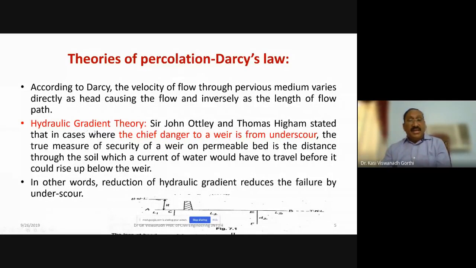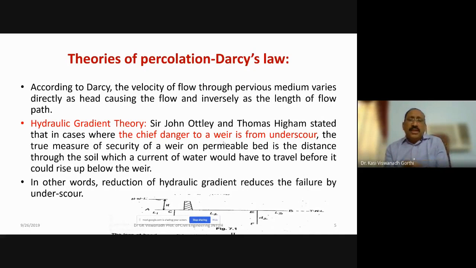Hydraulic gradient theory: Sir John Oatley and Thomas Hyman stated that in cases where the chief danger to a weir is from the undercover, the true measure of security of a weir on a permeable bed is the distance through which the soil, which a current of water would have to travel before it could rise up below the weir.